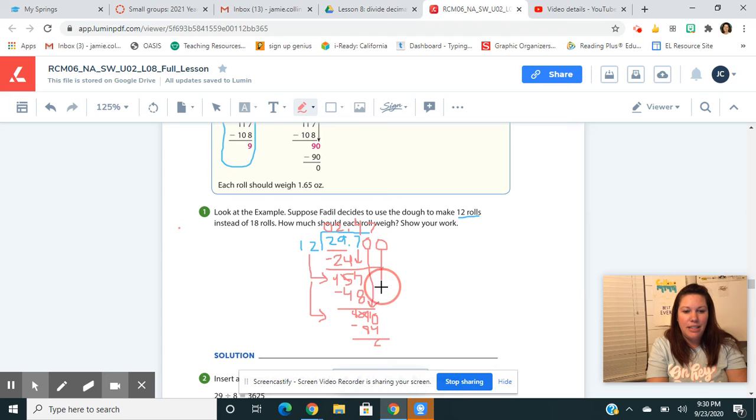And then I bring that down. There we go. And then it becomes 60. Now I'm going to divide again. 12 goes into 60 5 times because 5 times 12 is 60. And then I will have no remainder.